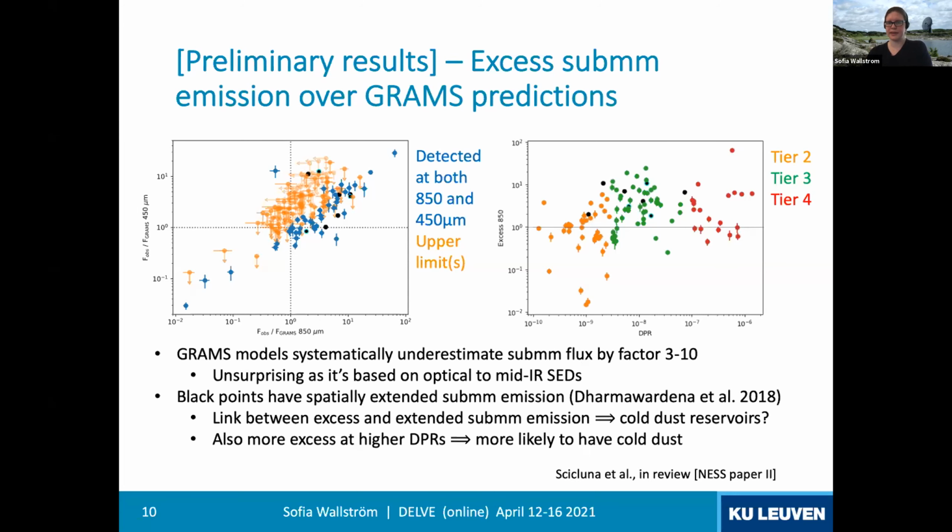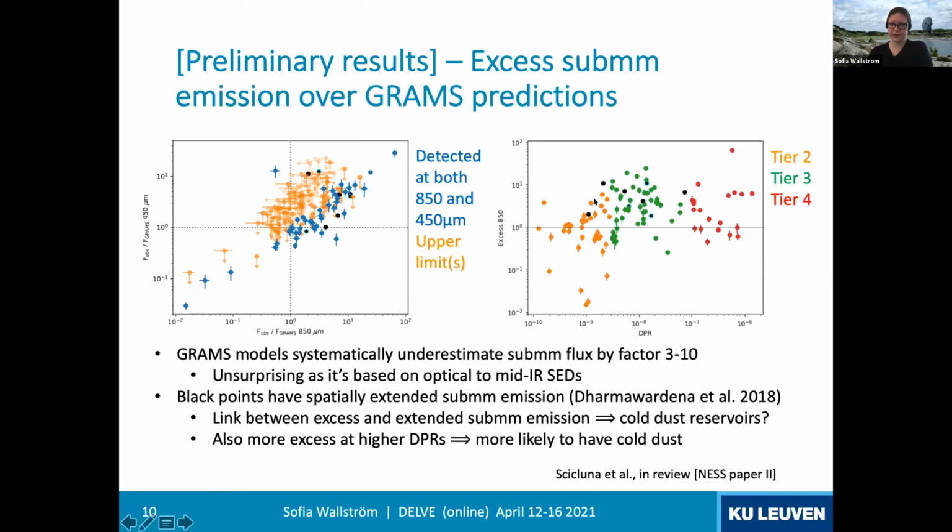This is not surprising because the GRAMS models are based on optical to mid-infrared SEDs, and Sundar Srinivasan is working on extending the GRAMS models to also include these sub-millimeter observations.